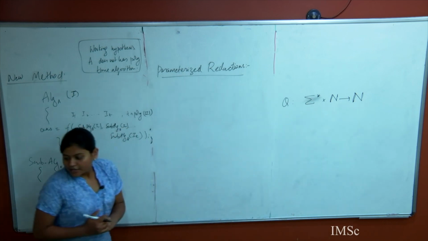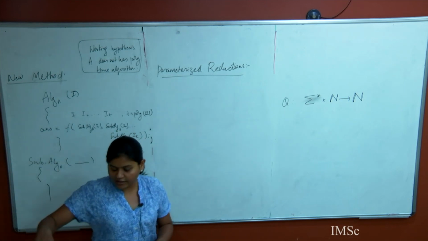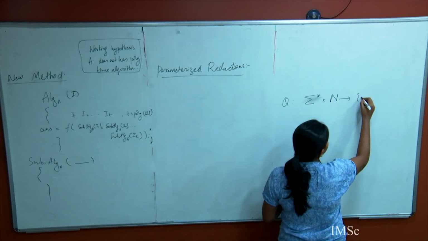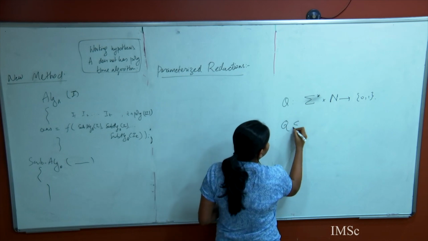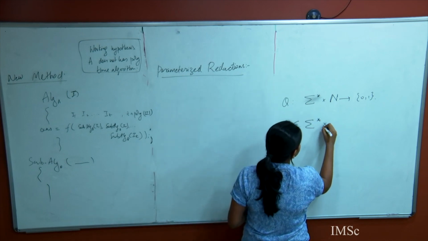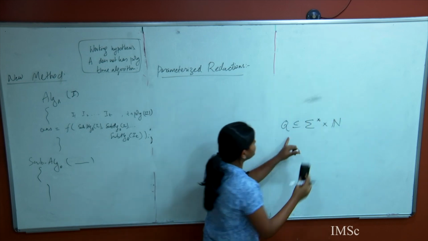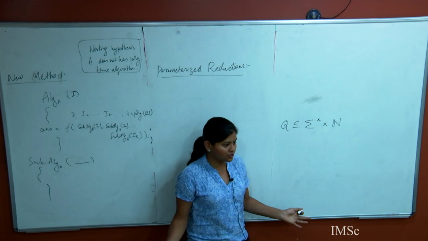Since we deal with the decision version of the problem, this can be treated as 0, 1, and thus we can treat a parameterized problem as a subset of sigma star cross N, right? Because this takes all the yes instances of this language, and all the no instances are outside this.